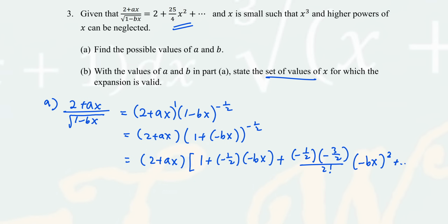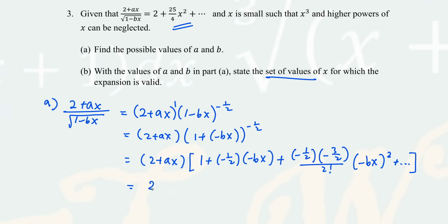Okay, and plus dot dot dot. So our expansion is up to x squared. We need to expand out to x squared because the first term here is constant, which is 2. So the expansion must be up to x squared, otherwise you won't get the complete expansion.